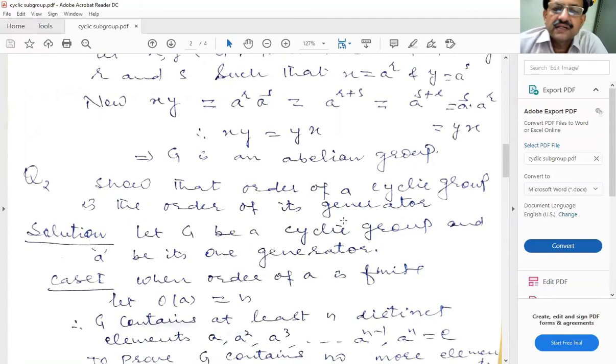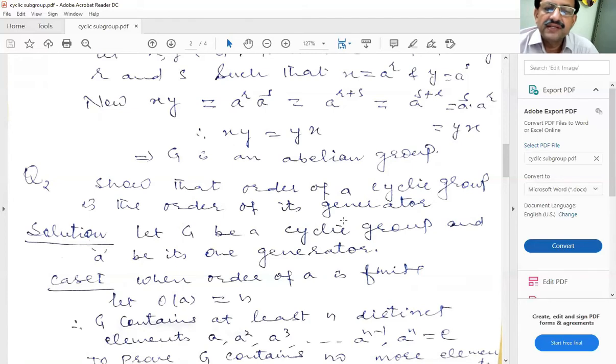The order of the cyclic group is the order of its generator. Solution: what we want to prove is that the order of a cyclic group is equal to the order of its generator. Generally, we say G is a cyclic group generated by a.